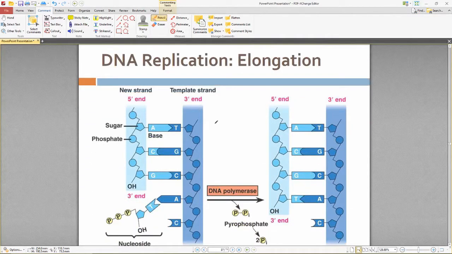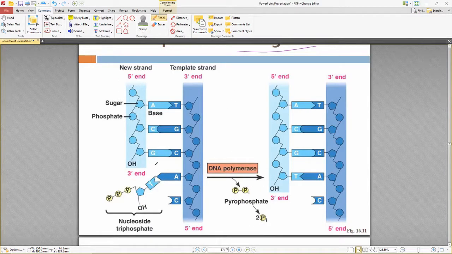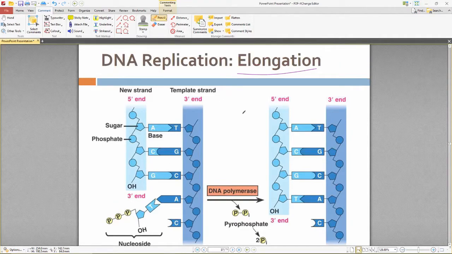Right now we just covered priming, and priming is the adding of RNA nucleotides to begin DNAP function. Now we're going to look at elongation. Elongation is adding to that primer and basically beginning the DNA polymerization process.